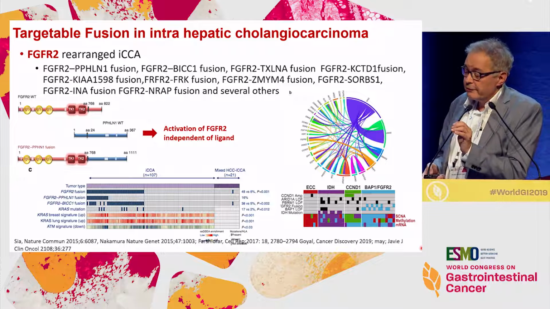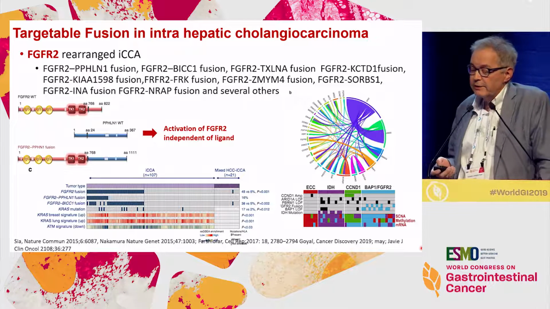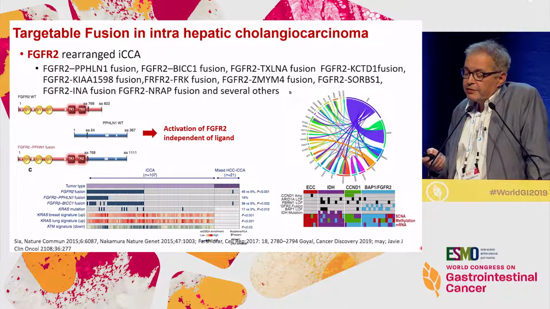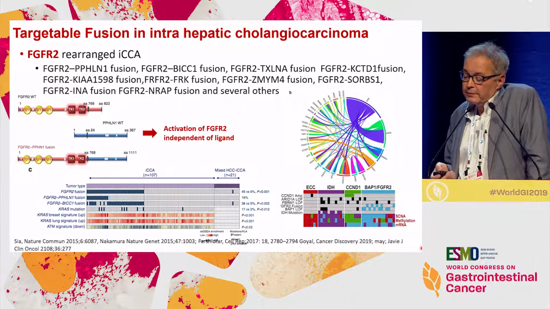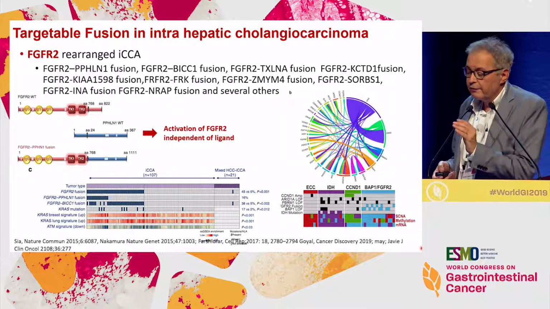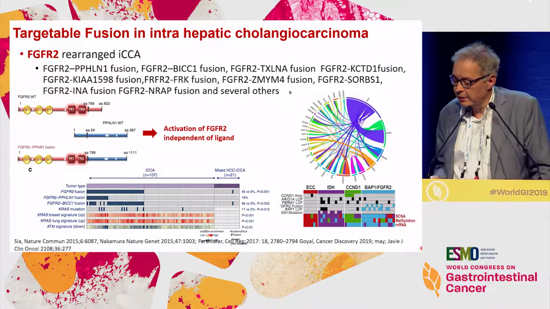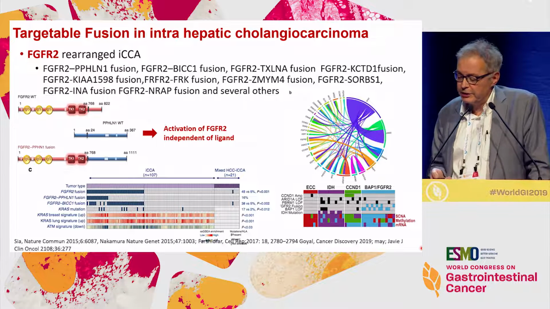The third fusion that I would describe is those that occur in intrahepatic cholangiocarcinoma. FGFR2, that's fibroblast growth factor receptor type 2, is involved in different fusion genes, as you can see in the slide. There are a lot of different partners for this gene.